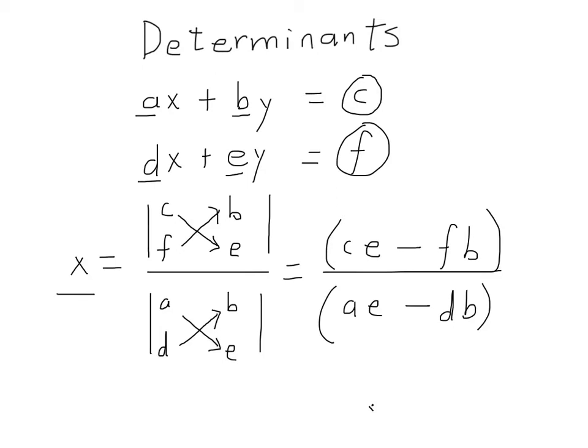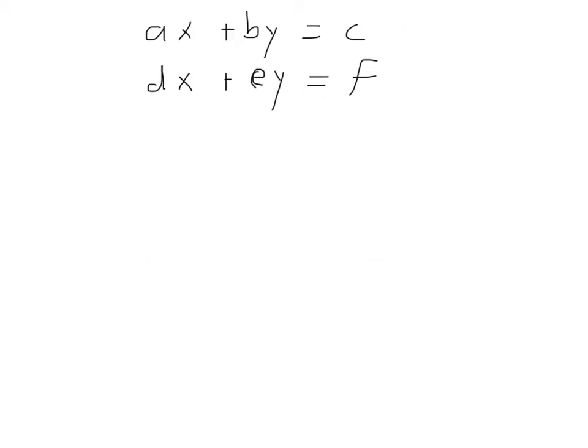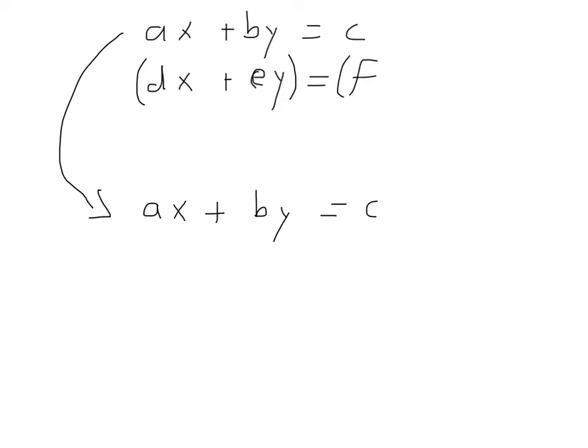Now, to show why this method works, we're going to do some formal algebra. So we will start with our original two equations, ax plus by is equal to c, and dx plus ey is equal to f. And what I'm going to do is rewrite the first equation down here, ax plus by is equal to c, and I'm going to multiply both the left and right hand sides of the second equation by b over e.